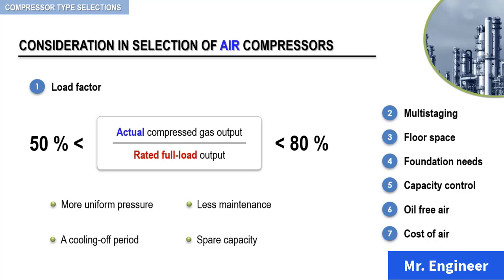Load factor is very important with air-cooled machines, where sustained full load operation results in an early build-up of deposit on valves and other parts of the compressor, thereby adding to maintenance. Intermittent operation is always recommended for these units. The degree depends upon the size and operating pressure.